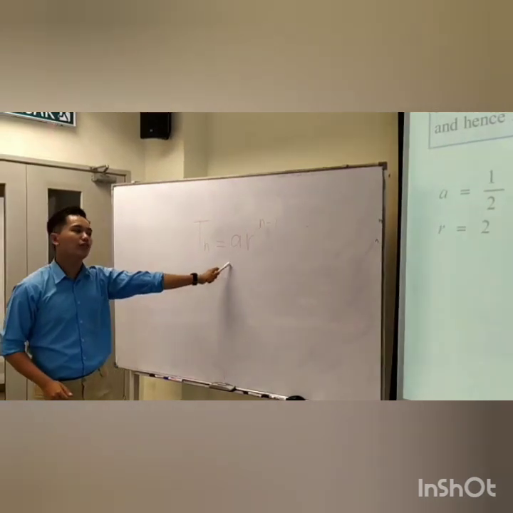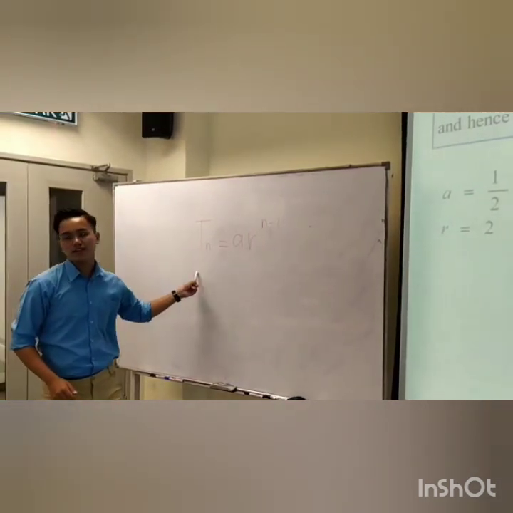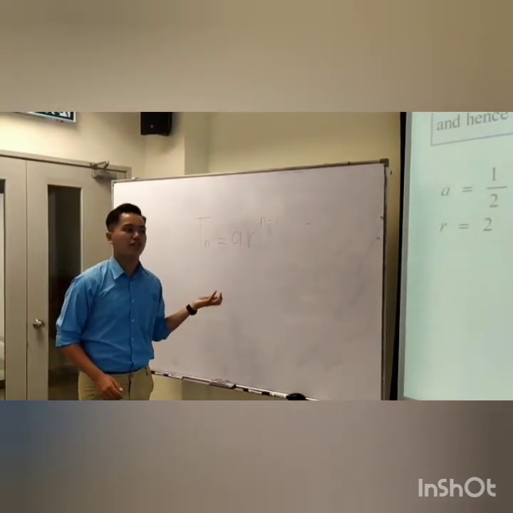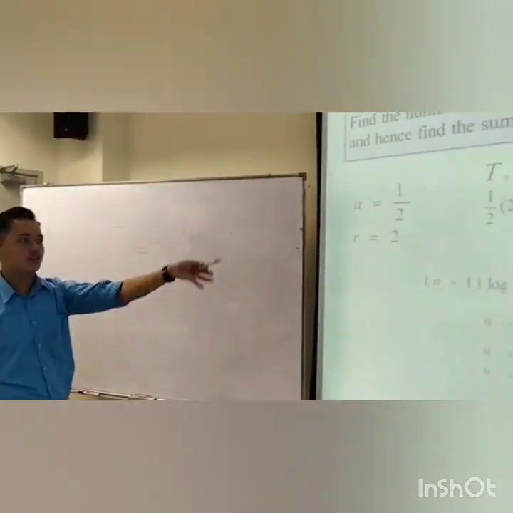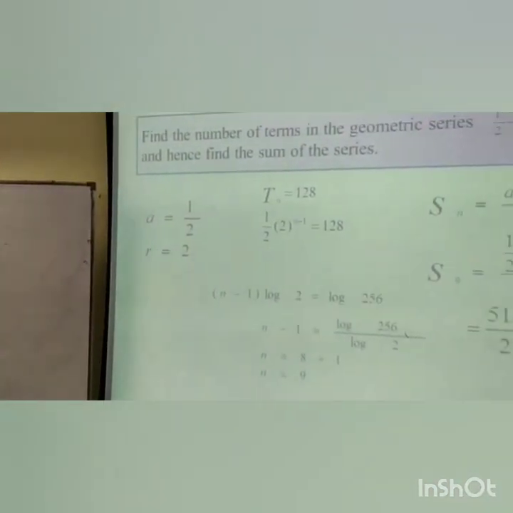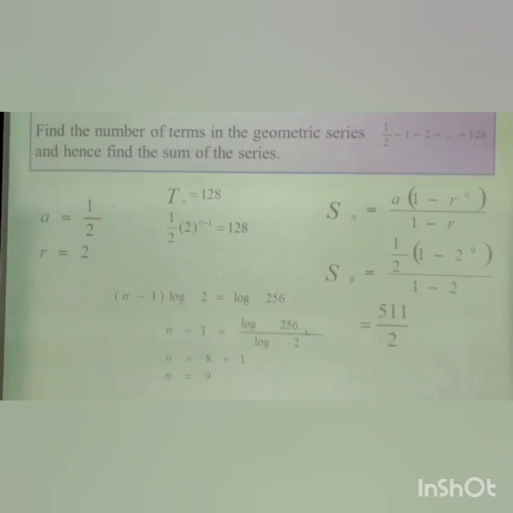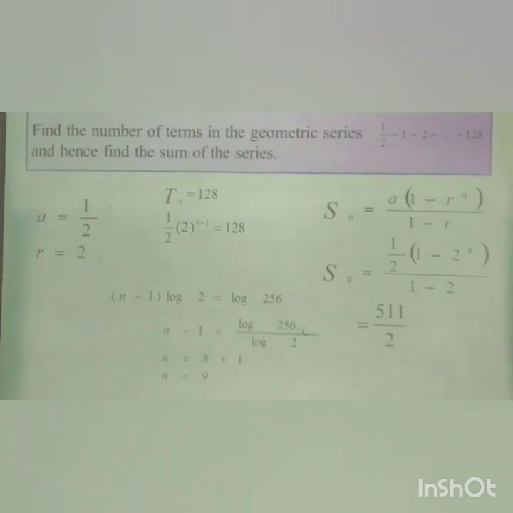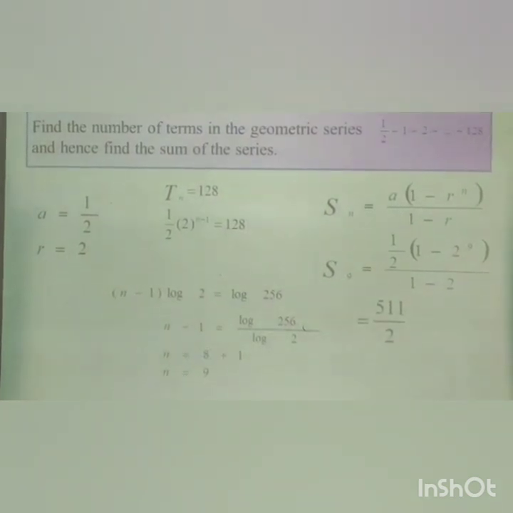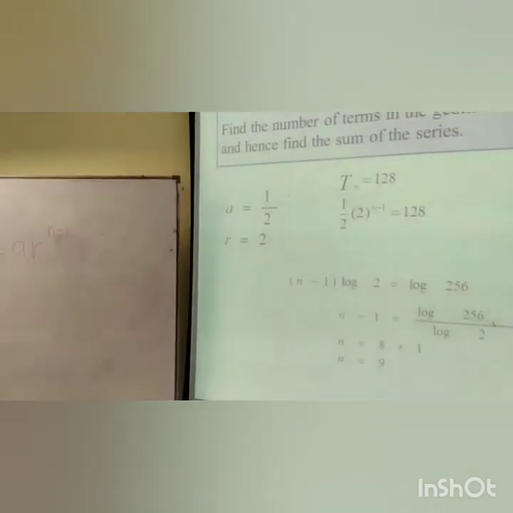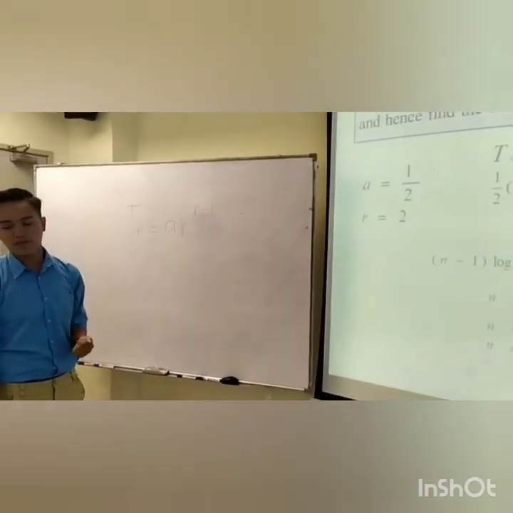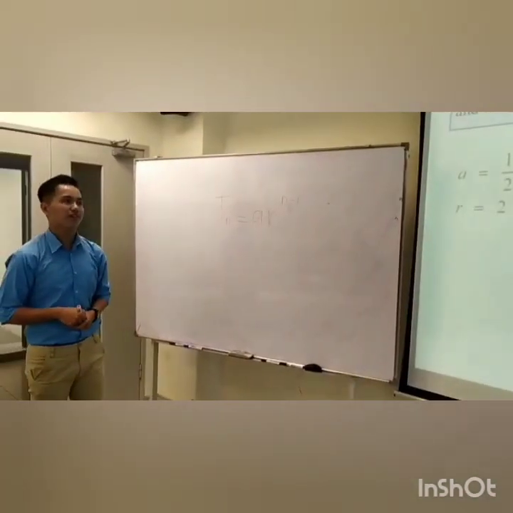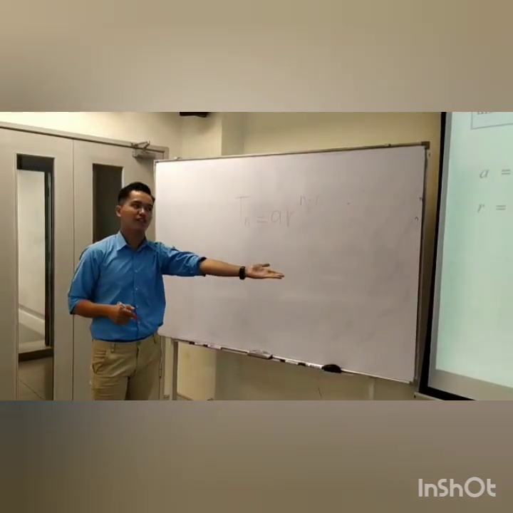And then we solve a linear, algebraic equation like that to find what n is. n is 9. So I think you can do this because this is the easiest part of this question.